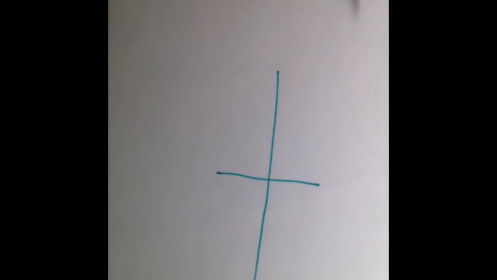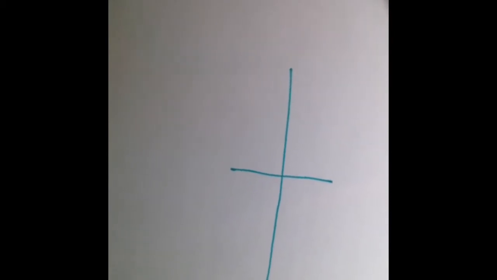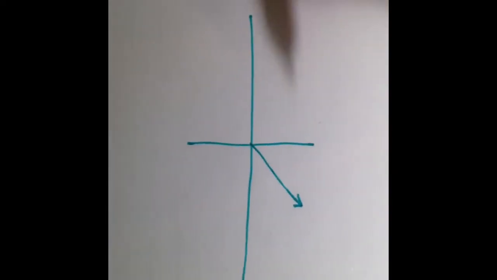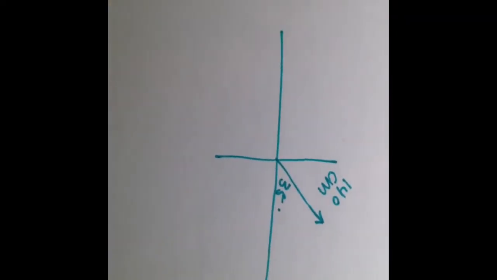So hopefully this helps. What I did was I took the resultant vector and redrew it. This is not completely accurate visually, but whatever. Remember, this is 35 degrees, and this is your 140 centimeter resultant vector. If you look at your first displacement vector, I'm going to subtract this vector from your resultant vector.